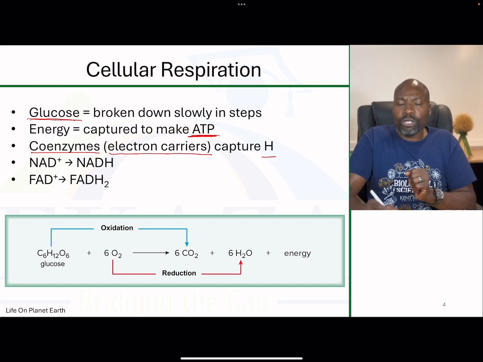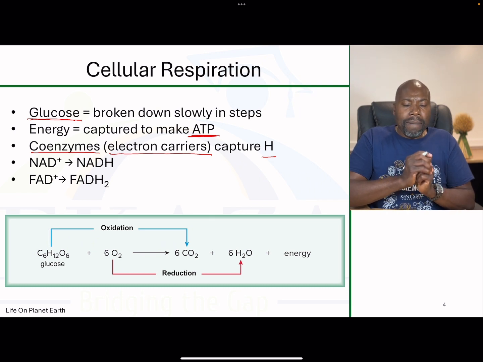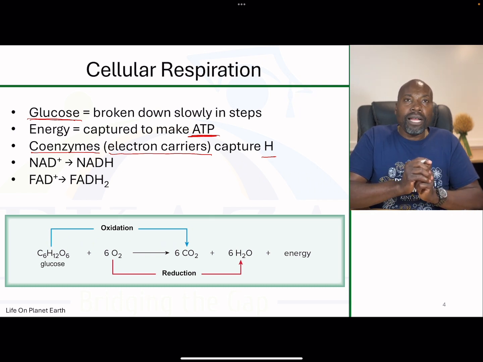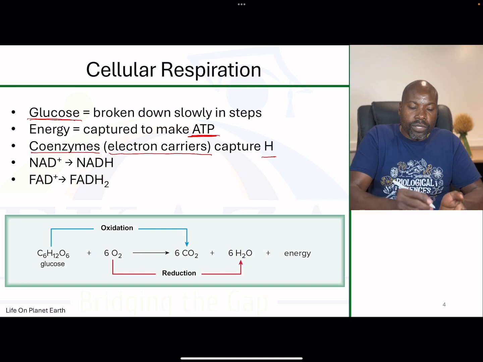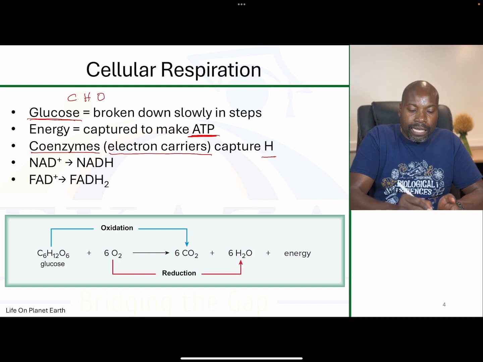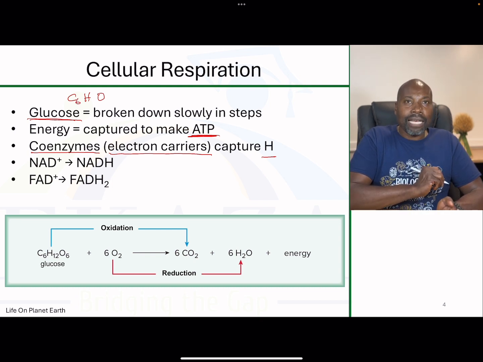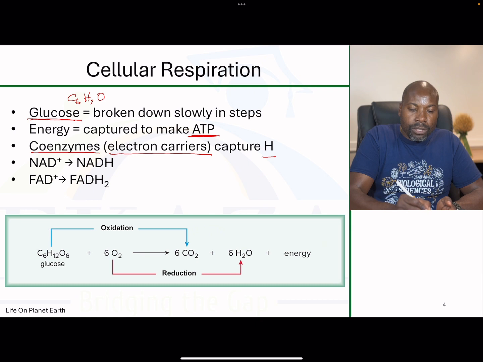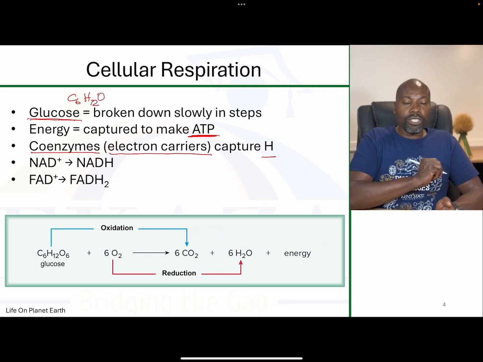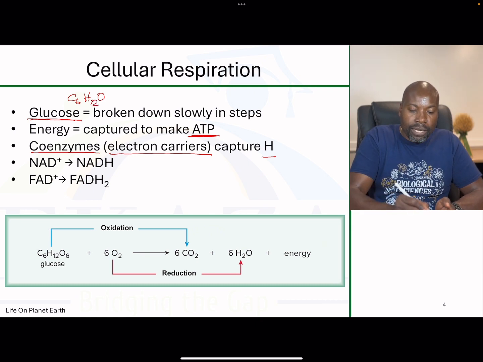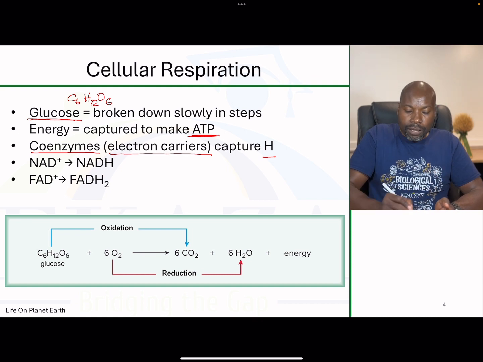It's hydrogen. Okay? Remember that the formula of glucose is CHO, where specifically 6 carbons, 12 hydrogens, and 6 oxygens. Basically, what you see down here.